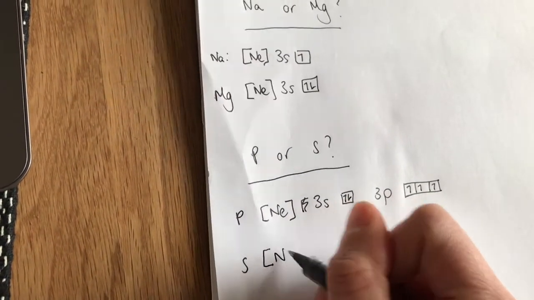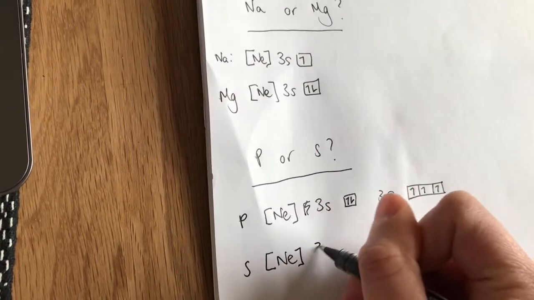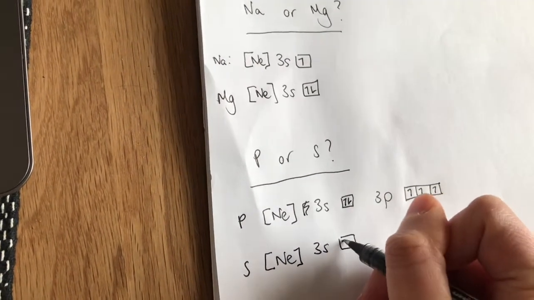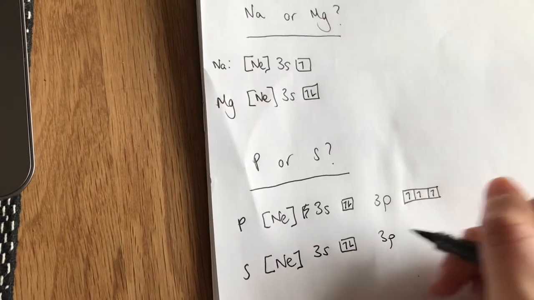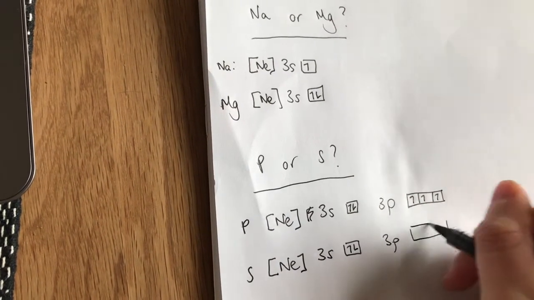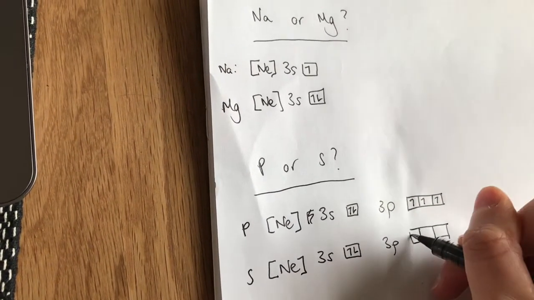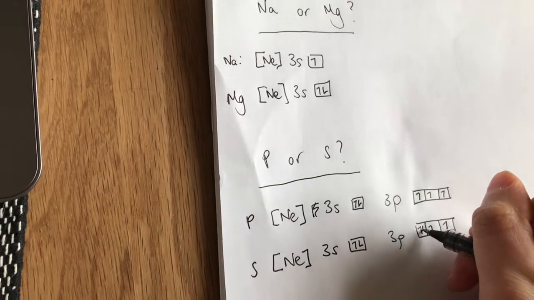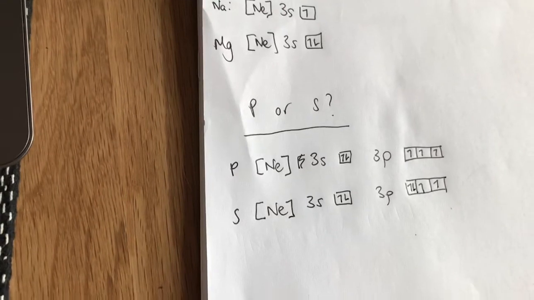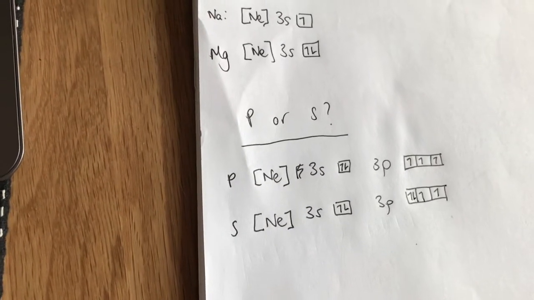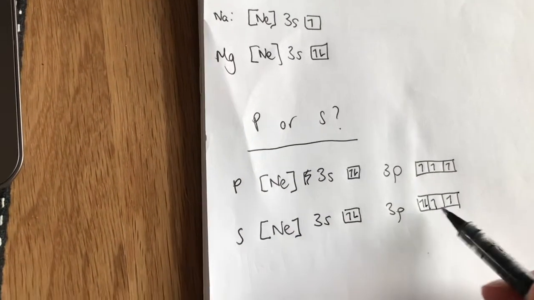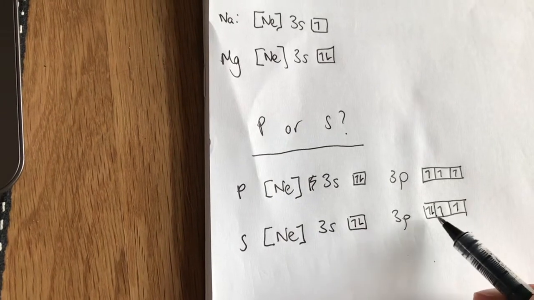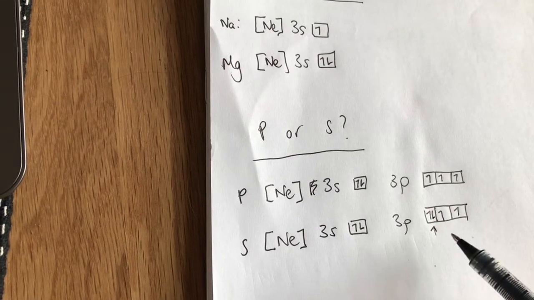And sulfur just has 1 more, so it's got 2 in the 3s, and then it's got 4 in the 3p. Like this, they fill up singly first, remember, and then they will double up like that. So in sulfur, you would lose this electron that's doubled up.